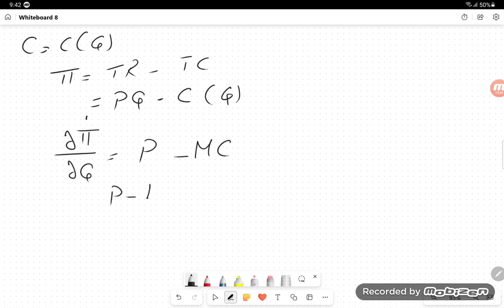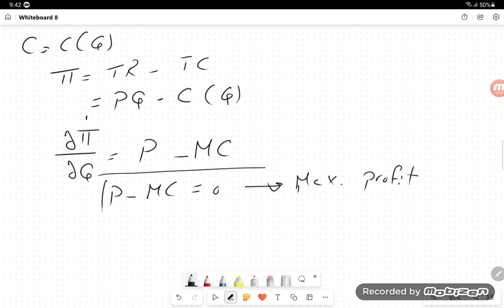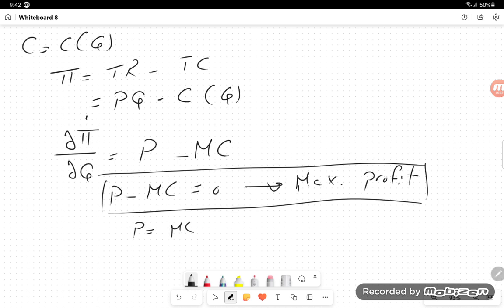When P minus marginal cost equals 0, profit will be maximized. So the producer should produce up to the point where price equals marginal cost.